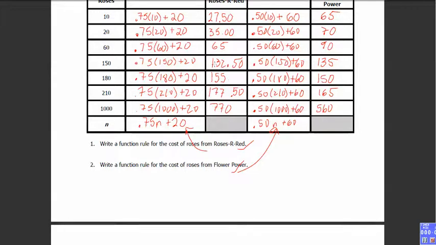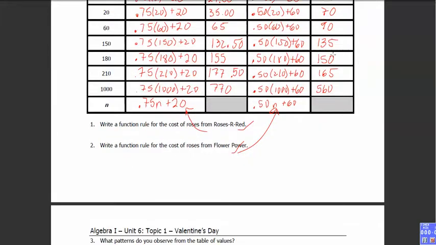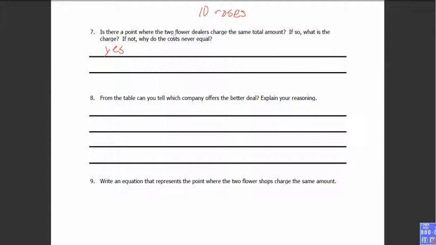So I'm going to guess that somewhere around 155, maybe 160 roses. So we'll just say between 125, that's not 155, to 160, somewhere in there.